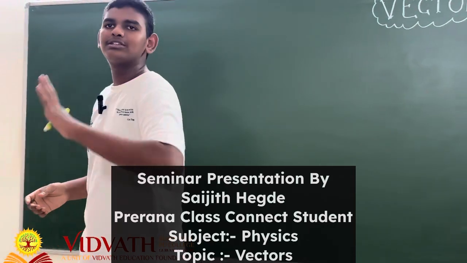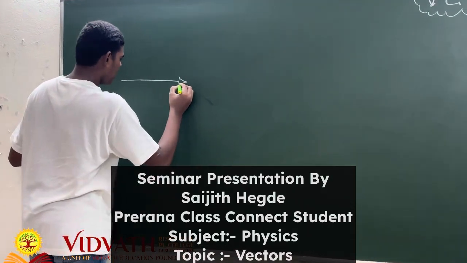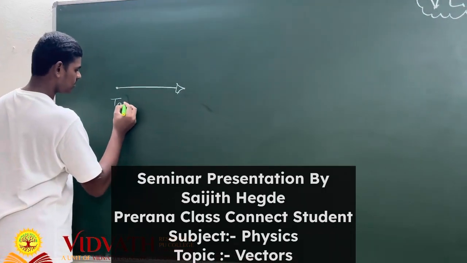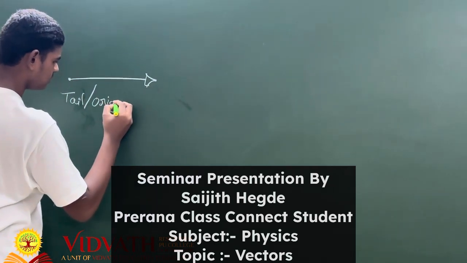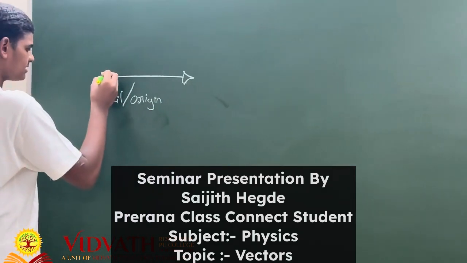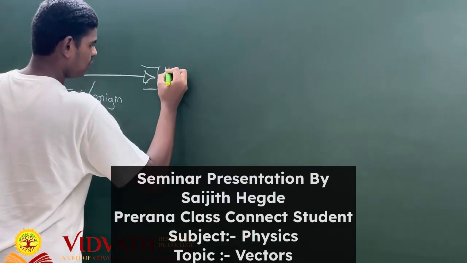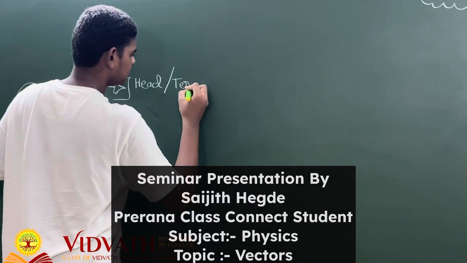The same arrow works as a vector. Let me draw an arrow here with the point of origin known as tail or origin. Now, this also has a specific name, head or terminus.